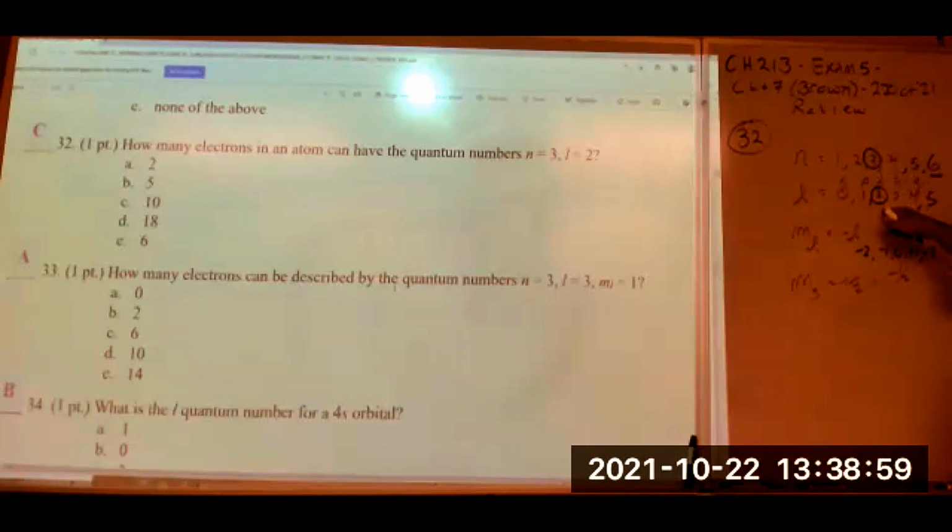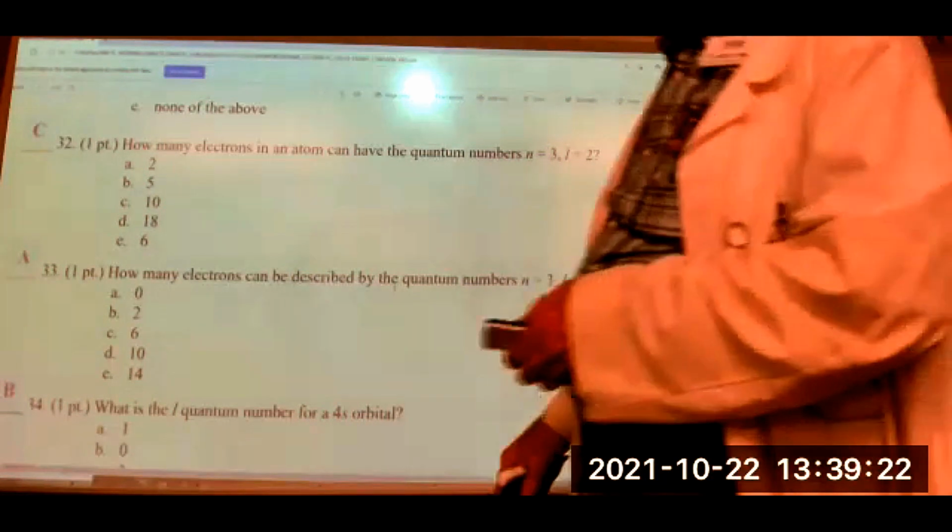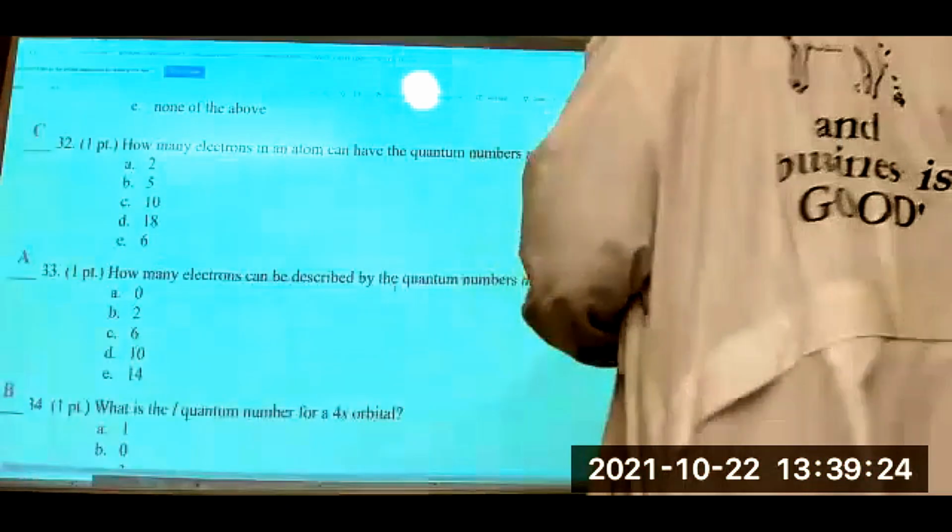With these quantum numbers, 5 orbitals and 2 electrons each is 10. So you can have 10 electrons with these quantum numbers, because you can have either this one or that one or that one or that one or that one, and then either one of those. Okay, 32, 33.